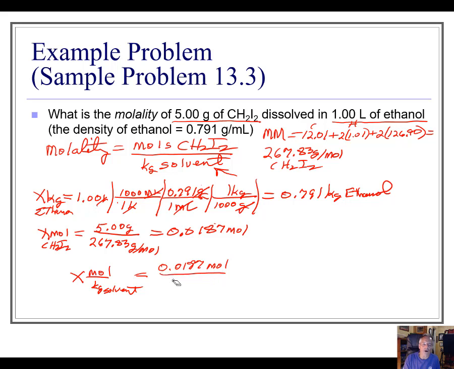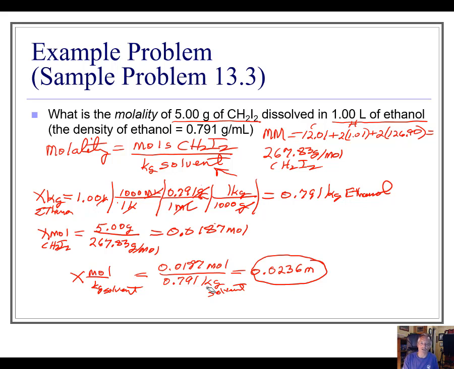I have 0.791 kilograms of my solvent, and that gives me 0.0236 molal. And my molality will not be sensitive to temperature changes because the mass of the solvent will not vary with the temperature changes.